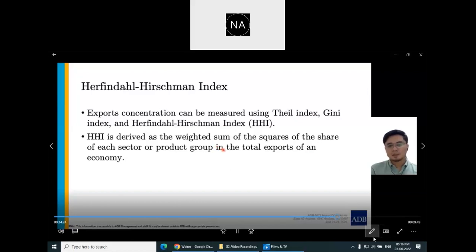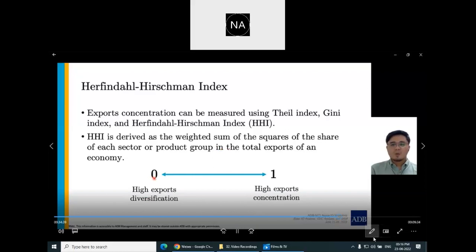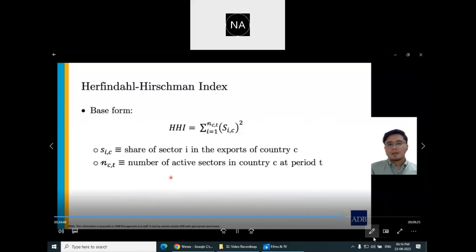HHI is derived as the weighted sum of the squares of the share of each sector or product group in the total exports of an economy. HHI ranges from 0 to 1. A lower HHI means high exports diversification, while an HHI that is close to 1 means a high exports concentration.